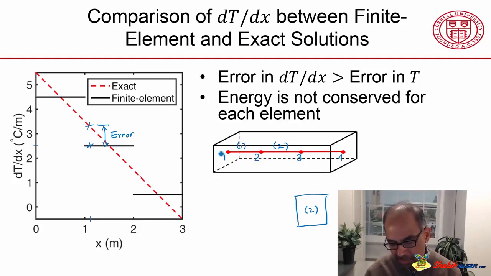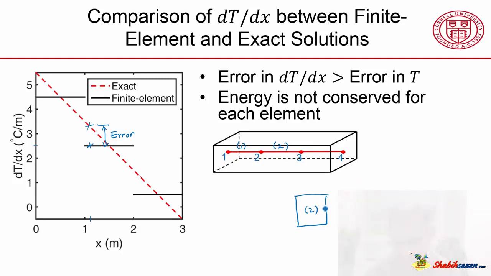and so I'm not showing the dimension perpendicular to the screen. And here the temperature, the way I picked the boundary conditions, the temperatures are increasing this way, so the heat is flowing this way, from hot to cold. So the heat is coming in here, and I'll say that's the q2 in, the heat flux coming into element 2, and if I multiply that by the area, I'll get the heat flow through there.